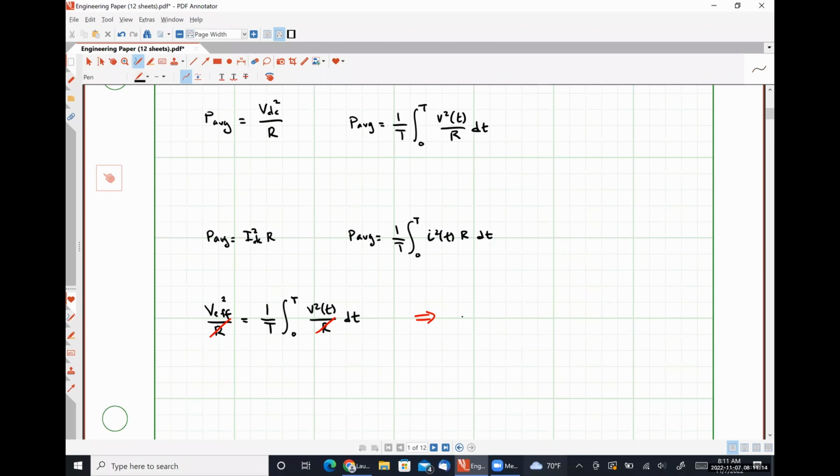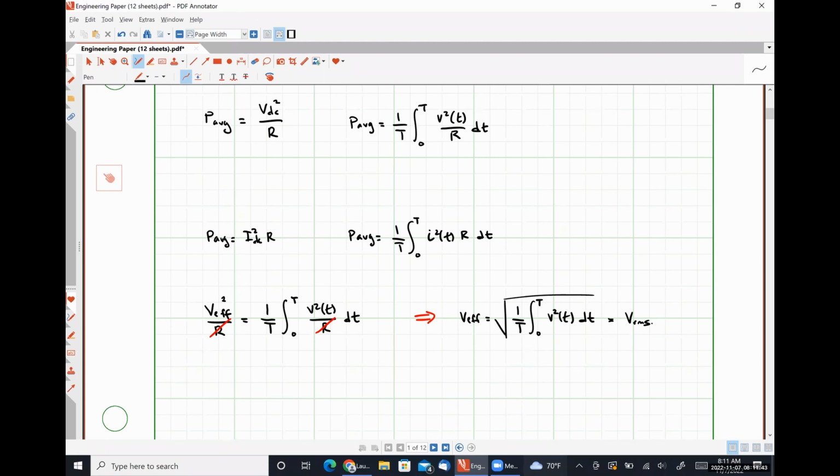We can say that V effective is equal to the square root of the average value of the voltage squared. And we'll often call this volts RMS, where RMS stands for root mean squared.